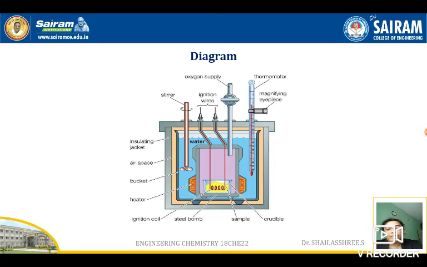The calorimeter will have a thermometer to measure the temperature, and also a stirrer to mix the water and spread the heat constantly. The stainless steel bomb will also have ignition wires to ignite the fuel, and an oxygen valve for supply of the oxygen. So this is about the diagram.